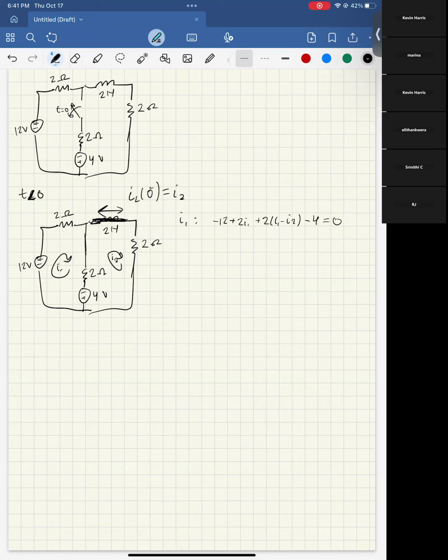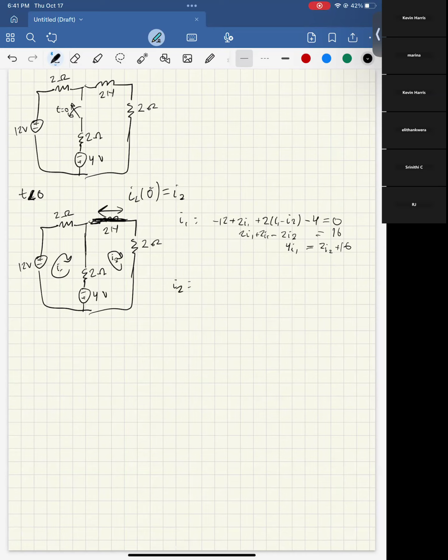I will simplify this to eliminate I1, I think. So moving everything to the side, 16 equals 2I1 plus 2I1 minus 2I2. And then we want to eliminate I1, so this is 4I1 equals 2I2 plus 16. I'll leave that there and see if it works nicely with the next one.